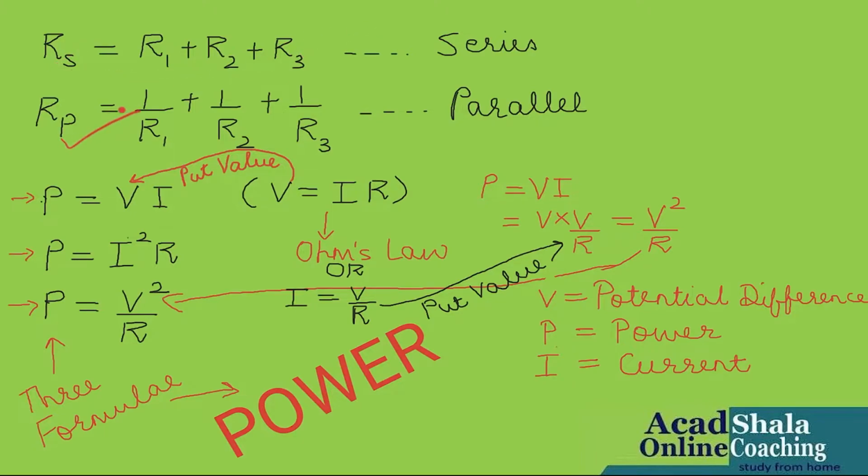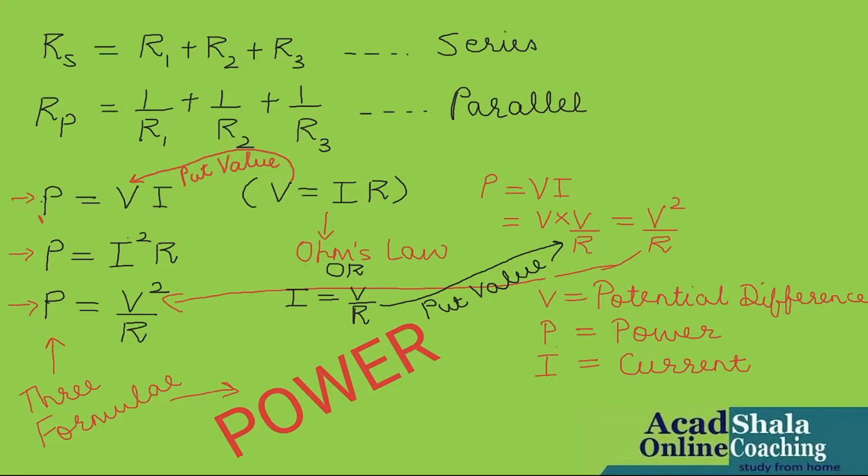Now if it is in parallel, that is Rp in parallel, 1 upon Rp is equal to 1 upon R1 plus 1 upon R2 plus 1 upon R3 and so on. So this is for resistors when they are in parallel. This is the formula used to calculate the answer. Okay, children. So these are the two, that is in series and parallel.